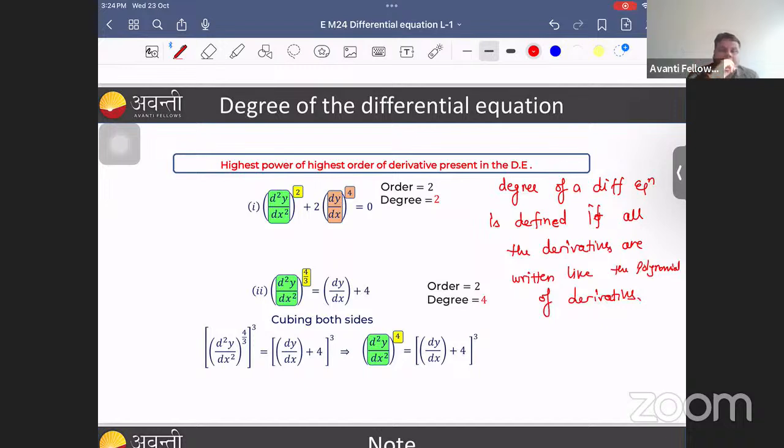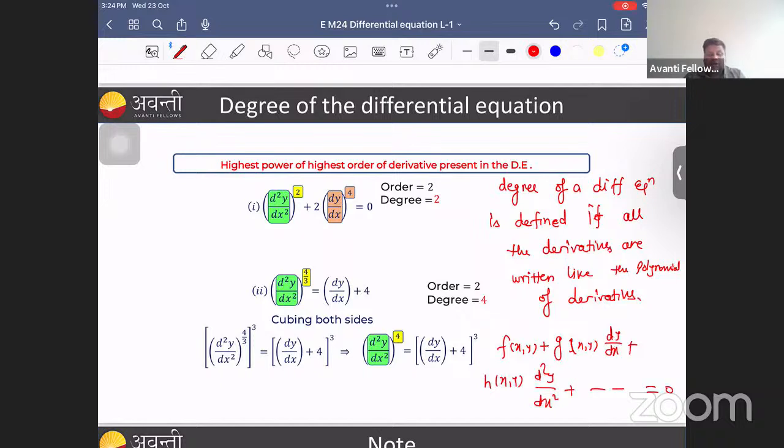All the derivatives are written like the polynomials of derivative. So say like it is some f(x,y), then another function g(x,y) into dy by dx, then another function h(x,y) into d2y by dx square plus and so on.